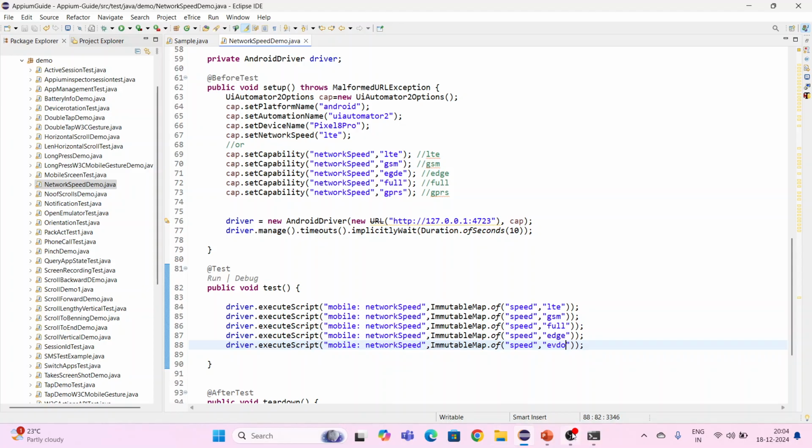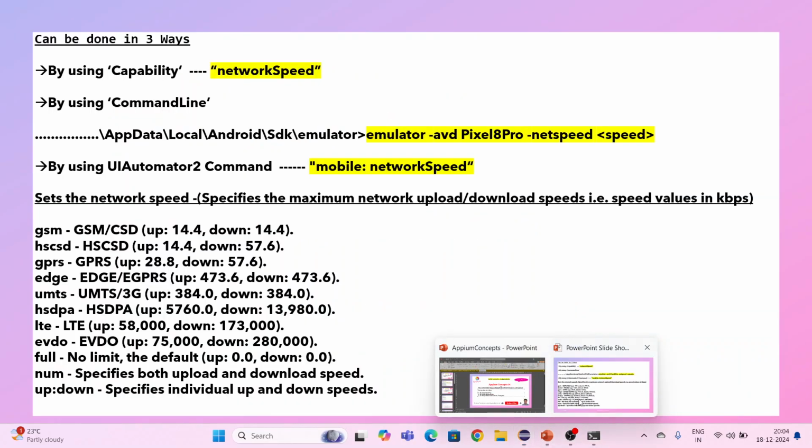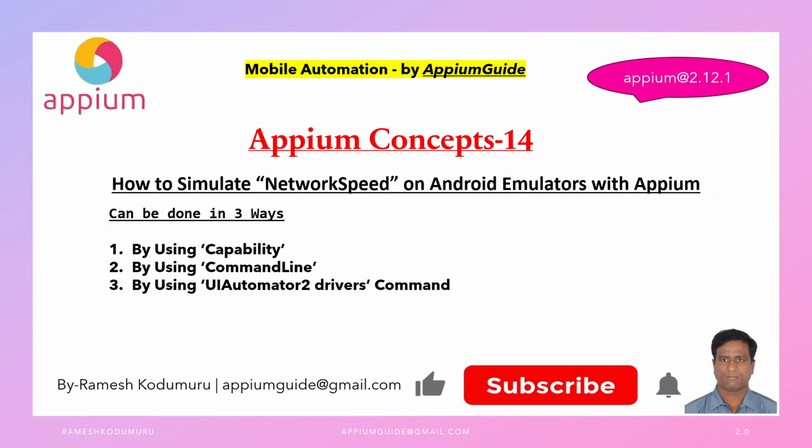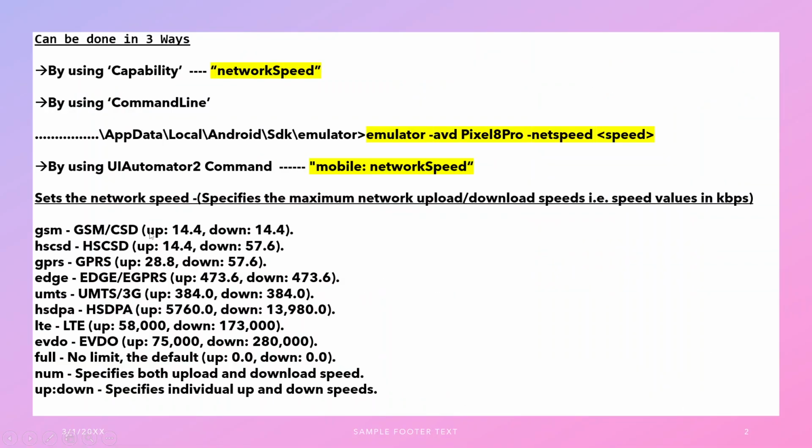So this is the way we can specify the network speed: by using capability, by using command line, by using the UIAutomator2 driver command. These are the values for the network upload and download speeds, so based upon requirement, we can choose the network from here.